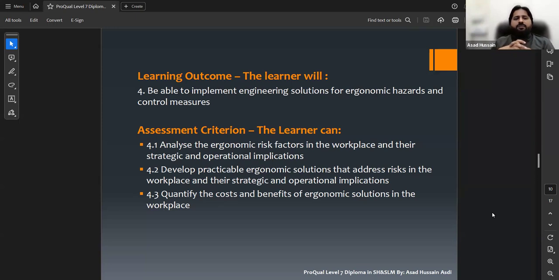Then 4.3, quantify the cost and benefits of ergonomic solutions in the workplace. So many times what happens is organizations are not giving any importance, any priority to these ergonomic issues, these ergonomic hazards. So for that purpose, the best thing is that being a health and safety professional, it is even your responsibility to quantify the cost and benefits.